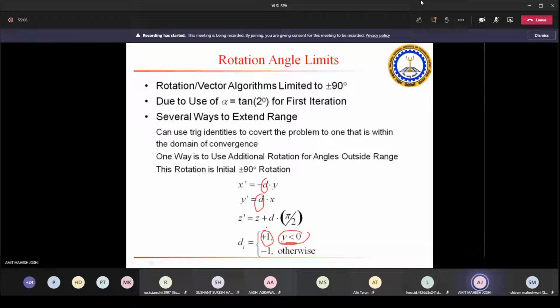If I am getting a positive difference, that is y greater than 0, so at that time the next alpha is minus. So that means this alpha times di you need to consider. Now whether this di is +1 or -1 is decided by this. If the difference is less than 0, then it is +1. If the difference is positive, then it is -1. Okay?